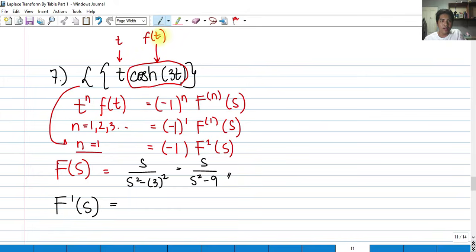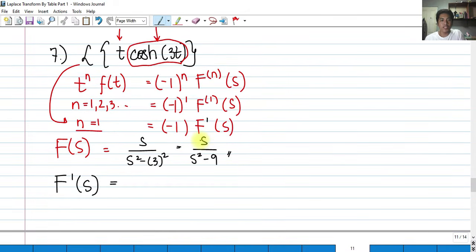If the n is 2, that is double prime. So this denotes a derivative, so we have to get the F prime of s, of which this is our F of s. This is a quotient rule, so we have to differentiate. First copy the denominator, low d high.